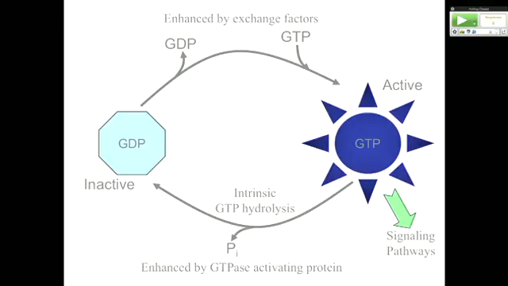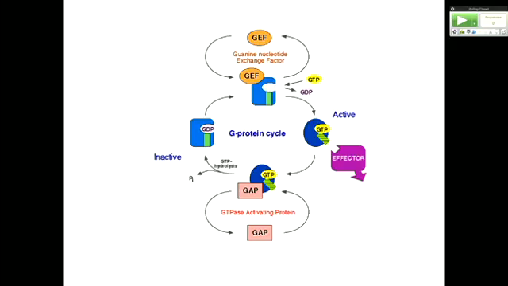And is it the normal cycle that we see with the small G proteins? This is again another illustration of that cycle. We have guanyl nucleotide exchange factors mediating guanyl nucleotide exchange, and GTPase activating proteins enhancing the GTPase activity. So it's a reversible activation, deactivation process.